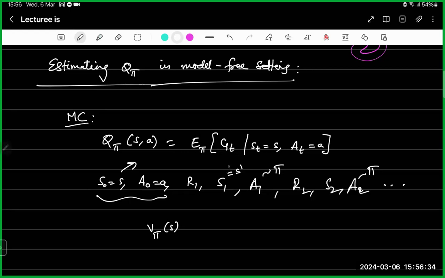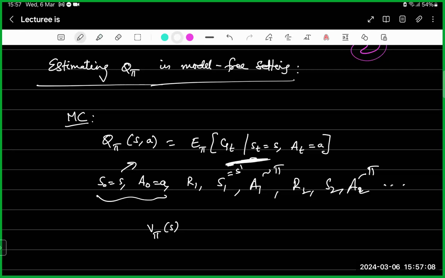From this point, you get one estimate of v pi of s dash also. You look at all the states that you visit, and from that state, if you look at the remaining return, you get one estimate of v pi of that particular state. So every episode is giving you a lot of information here. For example, if you use Monte Carlo every visit, you will get a lot more samples, right?